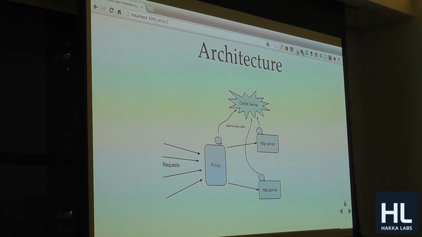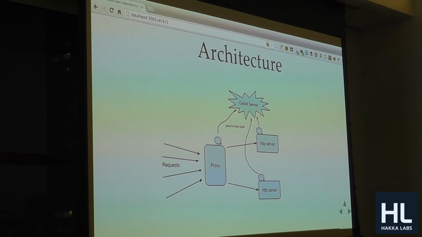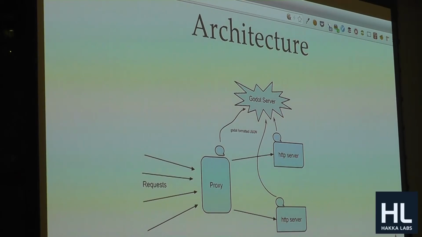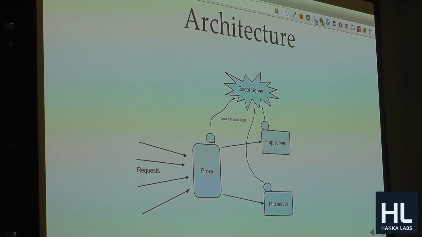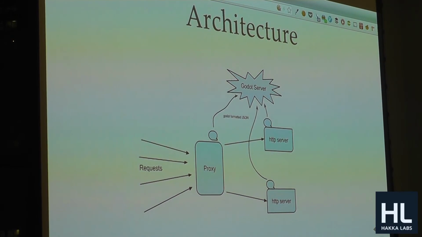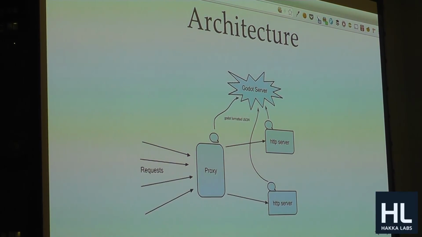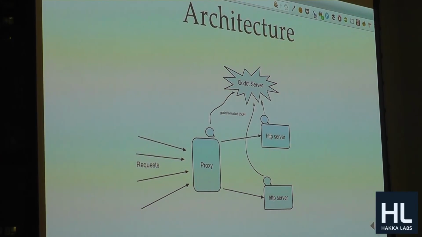So this is the architecture of what I would build. It's a very simple scenario where you have an HTTP server. Say you want to scale that, or set a proxy in front of it so that when you deploy a new one, say you want to update to a brand new server and throw that into the pool, there's no potential downtime.